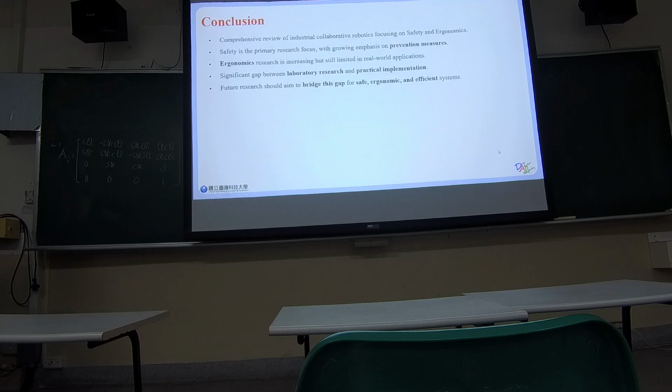Next, I will conclude today's presentation. This discussion has provided a comprehensive analysis of cobot technology, with particular focus on its application and challenges in the area of safety and ergonomics.